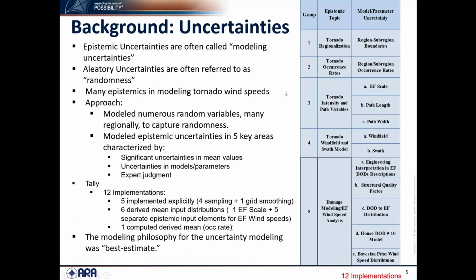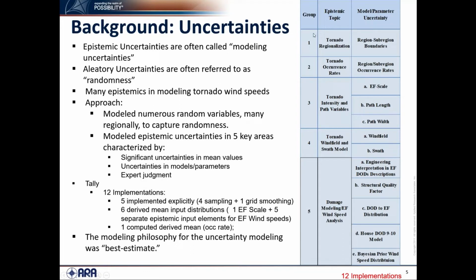Briefly, one of the things that the Nuclear Regulatory Commission is particularly interested in is a requirement for development of hazard maps for their application: explicit treatment of the modeling uncertainties, the epistemic uncertainties. Of course, we are always considering the aleatory uncertainties, which is basically the randomness of the tornadoes.